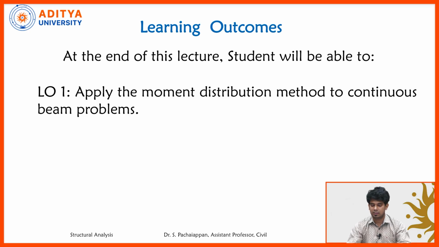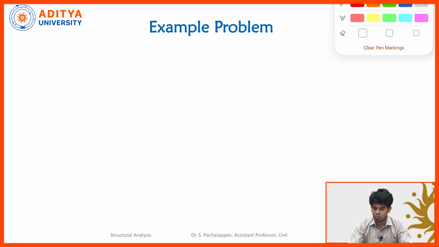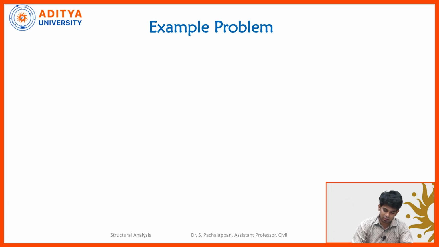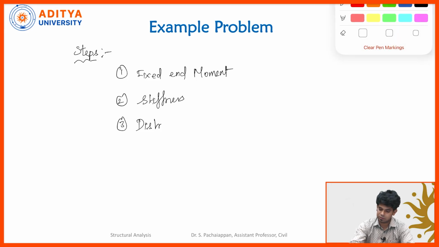Okay, so quickly I will take the example problem. Before discussing the example problem, I will first discuss the various steps to solve this problem. Step 1, we are going to calculate the fixed end moments. Step 2, we are going to calculate the stiffness. Step 3, we are going to calculate the distribution factor.